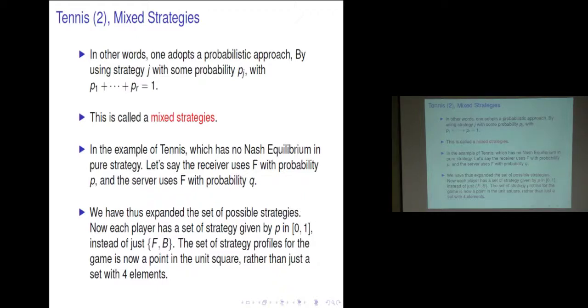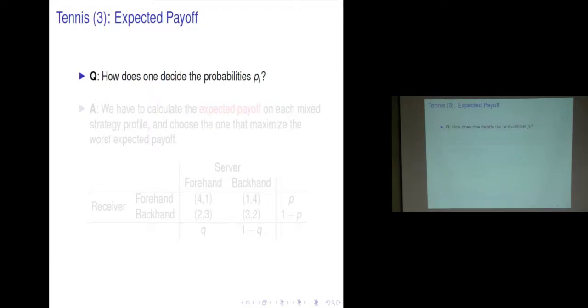The set of strategy profiles for the game is now a point in the unit interval, because p can change from 0 to 1, and q can also change from 0 to 1. So rather than just the matrix.